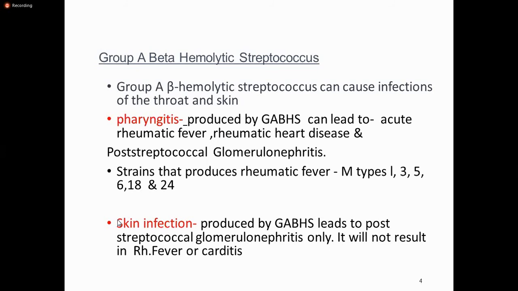Post-streptococcal glomerulonephritis can occur with skin disease, while rheumatic fever or cardiac infection follows throat infection.